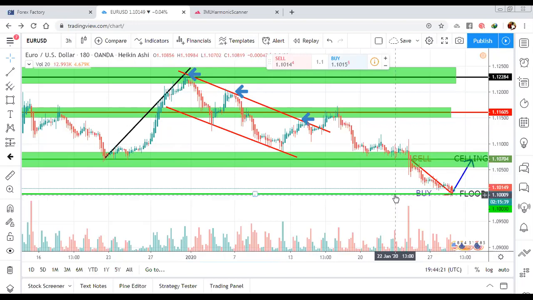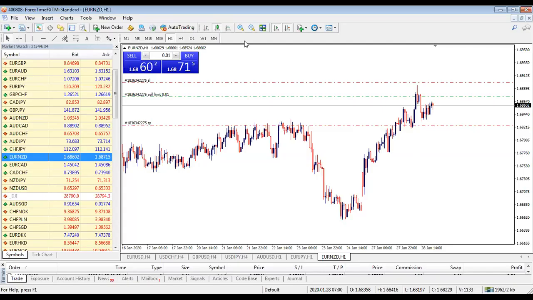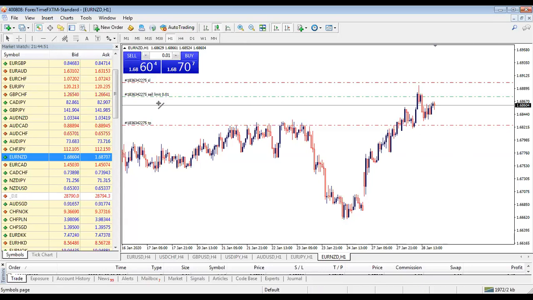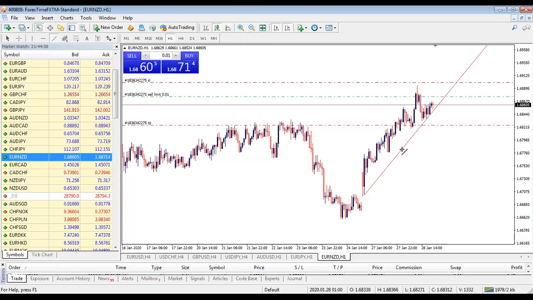Now, how can you recognize this on the chart? Let's go to our trading platform. As you can see, this market is currently trending upwards.